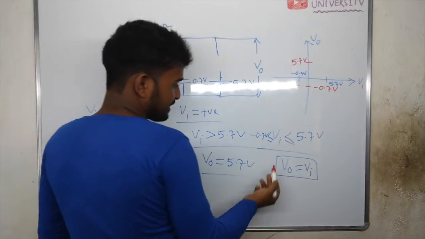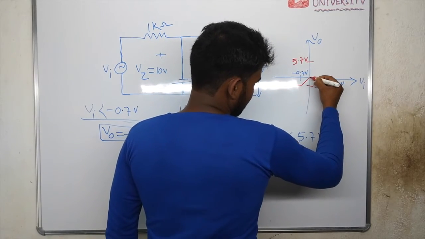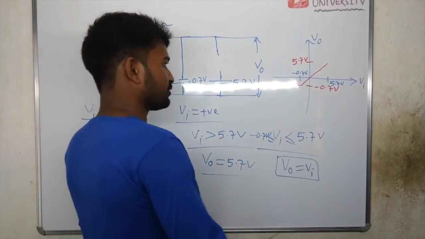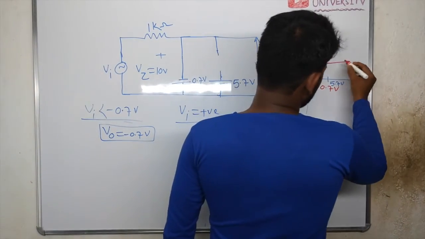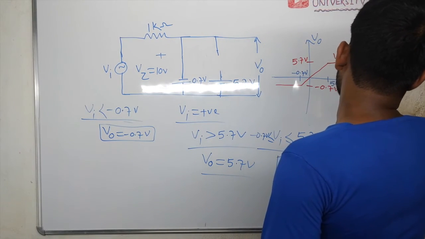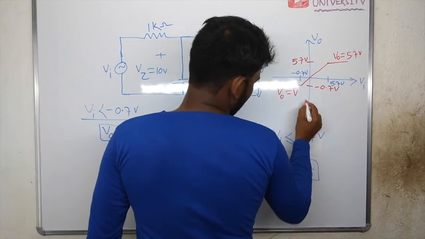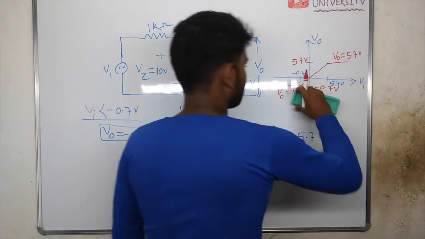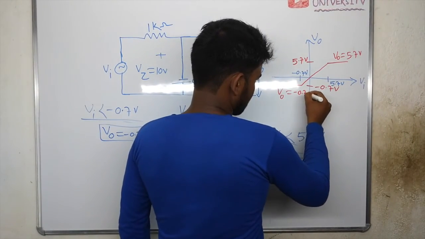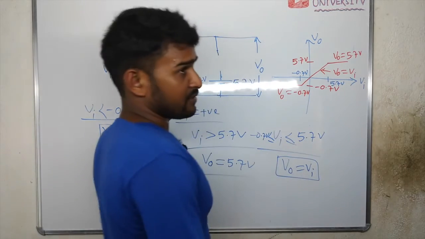When input voltage is between minus 0.7 and plus 5.7, V0 equals VA. And when input voltage is greater than 5.7 volt, output voltage equals 5.7 volt. This is V0 equal to 5.7 volt, this is V0 equal to minus 0.7 volt, and this is V0 equal to VA. This is your transfer characteristics.